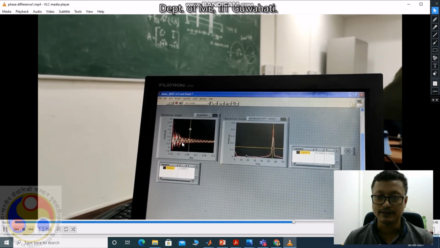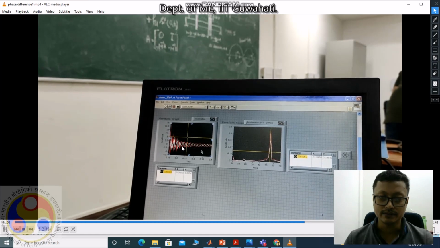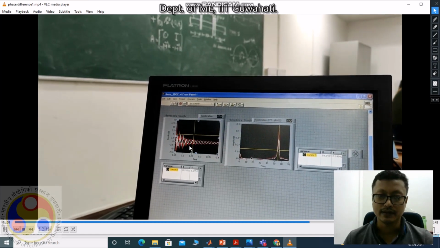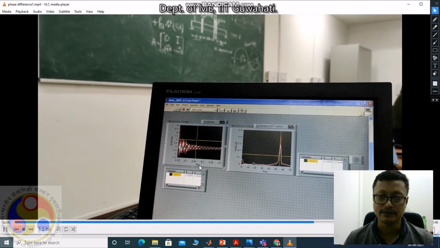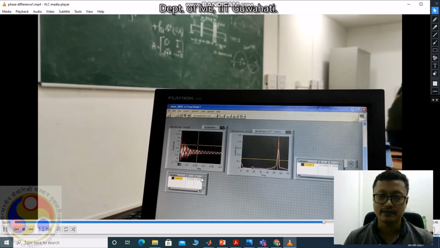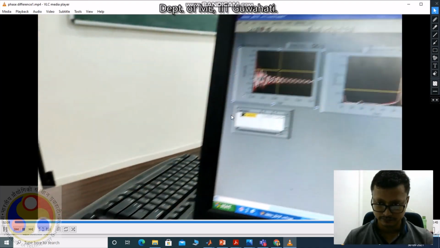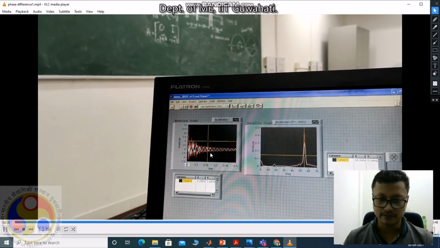For the phase difference, we are zooming this first graph, amplitude versus time. Okay. From here, you can zoom this scale to the required value.